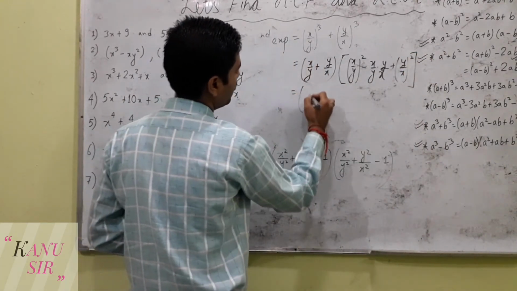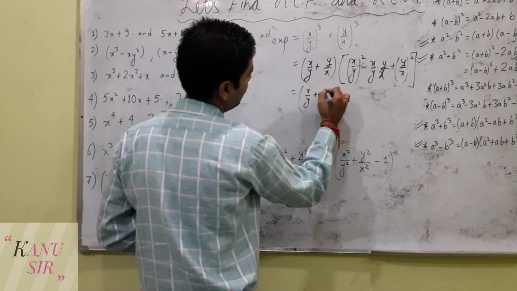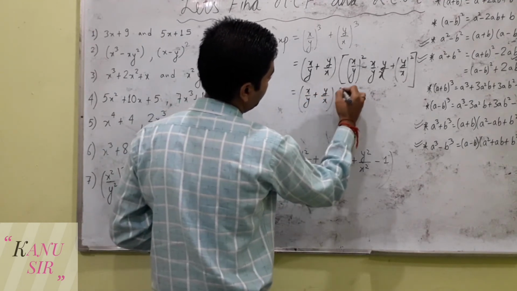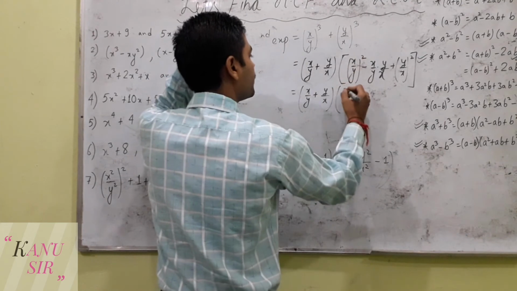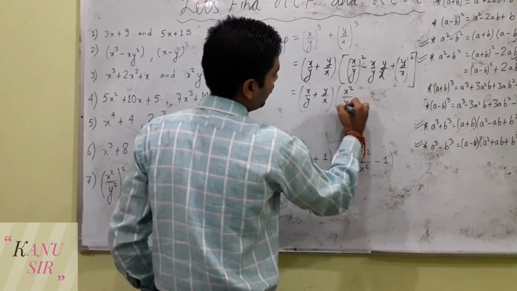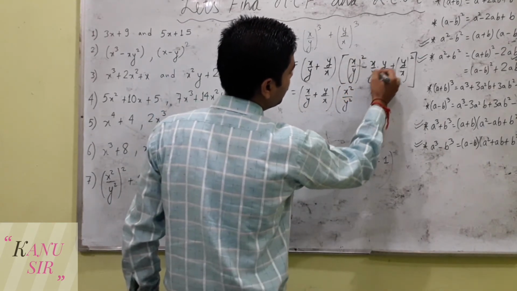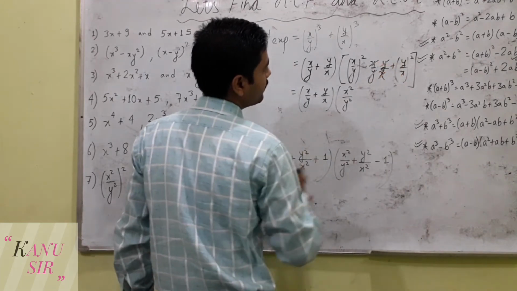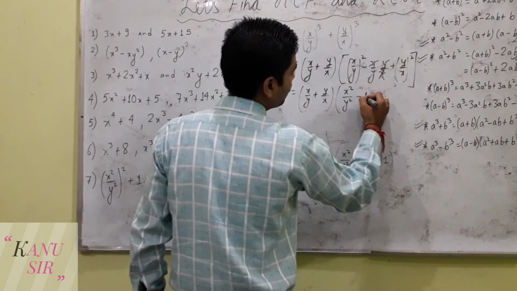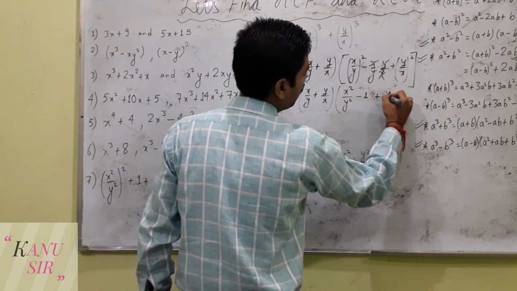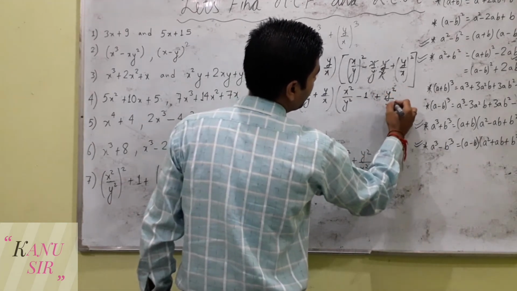Then you will find here x by y plus y by x, and here opening the brackets you get x square y square. This x and y are cancelled. You can write minus 1 plus you will get y square x square.